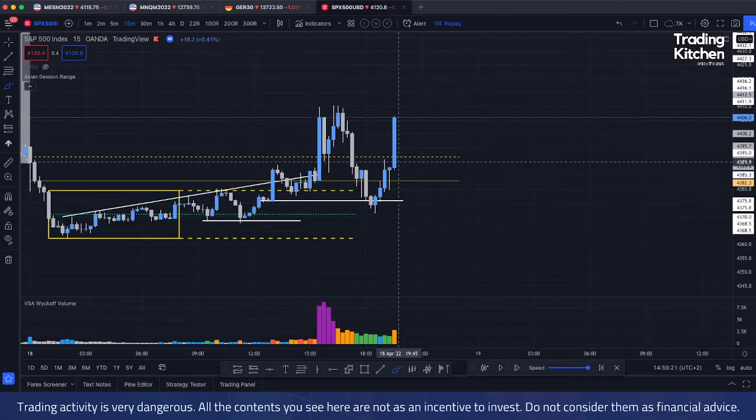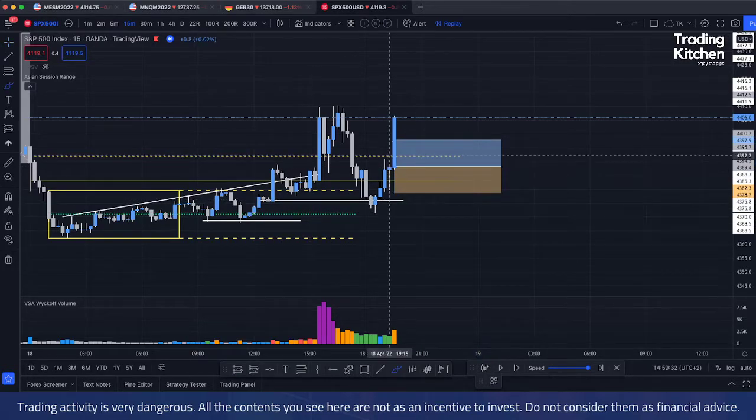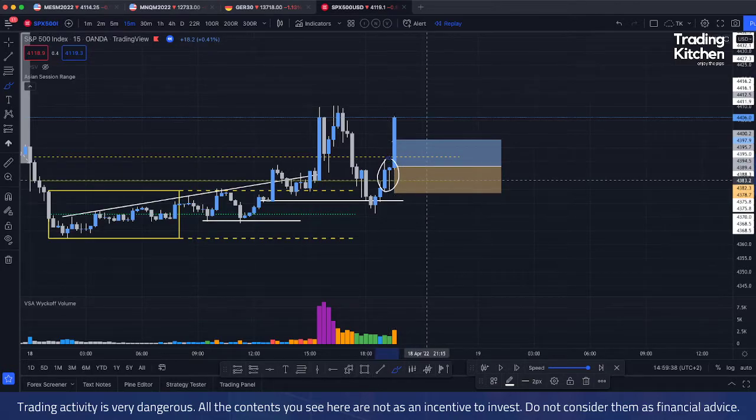Now it is 7:30 in the evening, so I will not enter now, but this is a very good tail pattern. You see the tail of the second candle is completely within the previous candle's body, so this could be good.